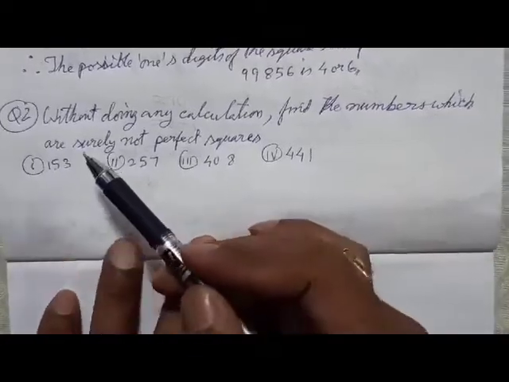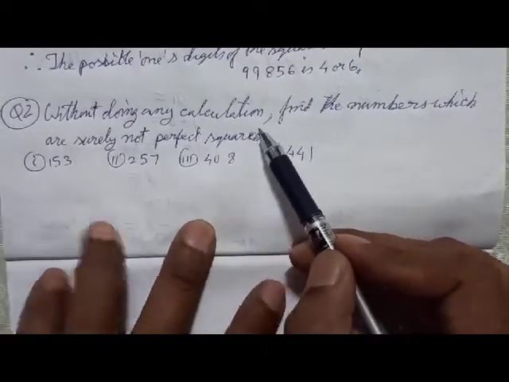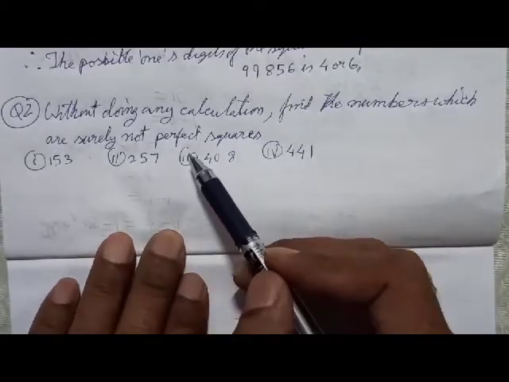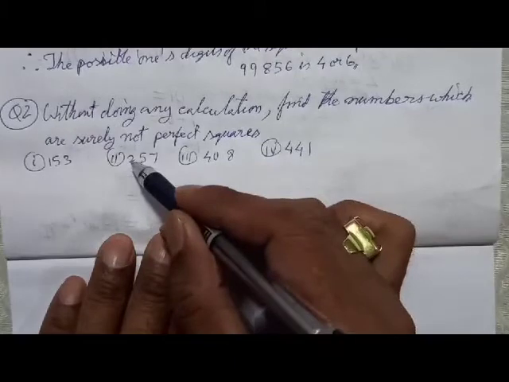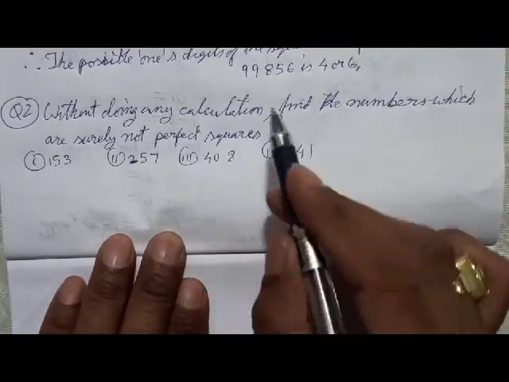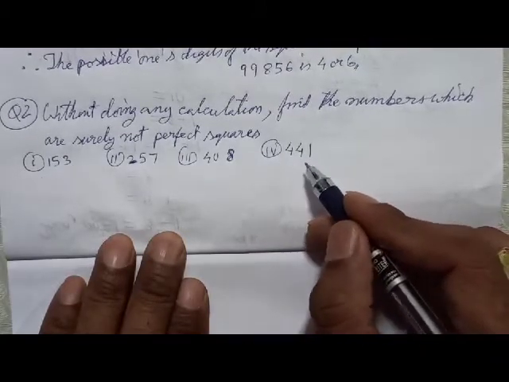Now let's try this question number 2. Without doing any calculation, find the numbers which are surely not perfect square. Roman number 1, 153. Roman number 2, 257. Roman number 3, 408. Roman number 4, 441.